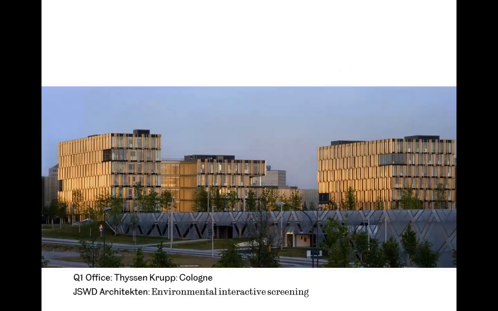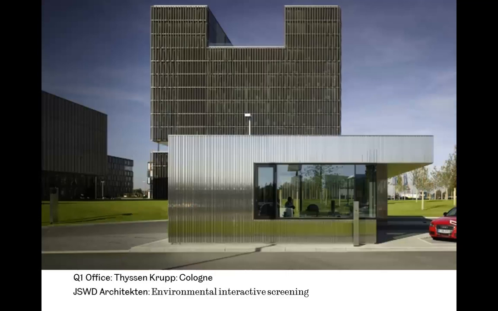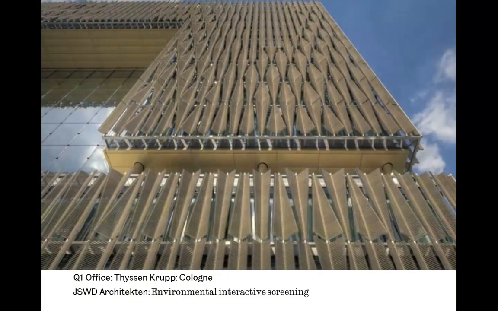And this is a really interesting project, which has a much more complex screening system. The entire building, it's an office type building, is covered with an interactive screen. And I've got some close-ups of that. That's what it looks like.